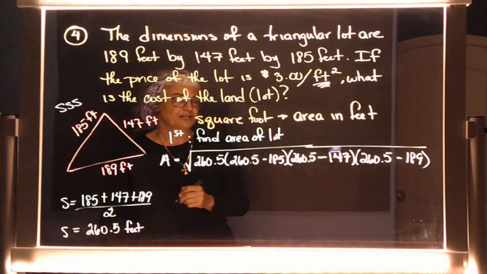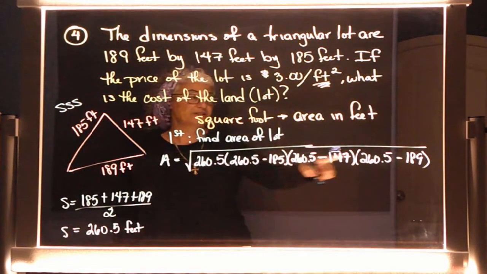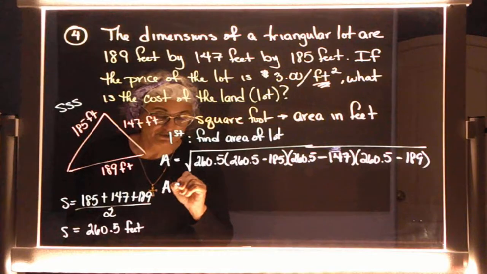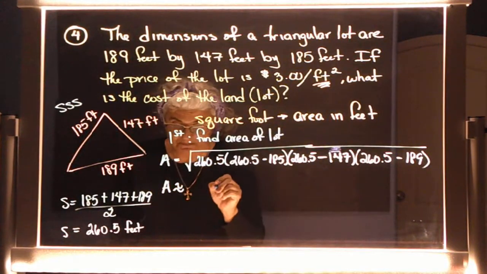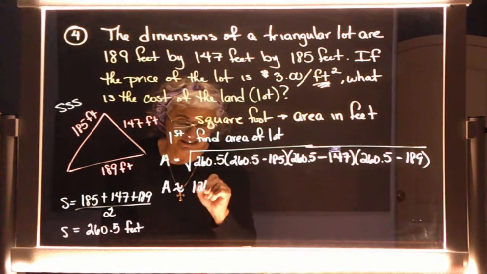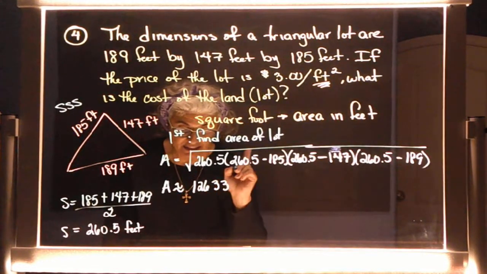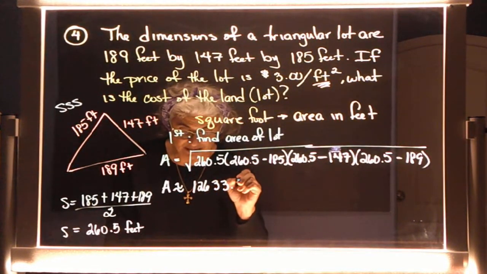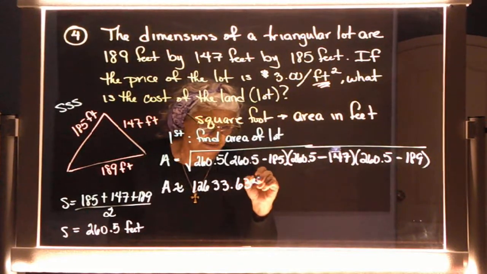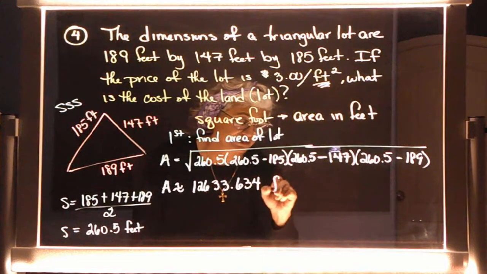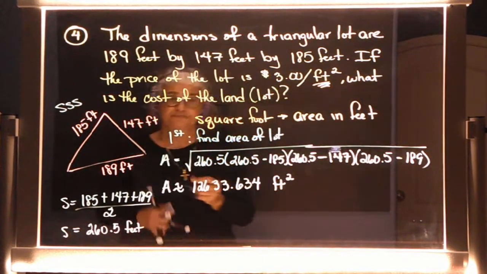Now, here's what I got approximately after plugging that into my calculator. And by the way, please do not erase this number out of your calculator because I just put a rounded decimal here. Now this is the area, so it's in square feet, isn't it?